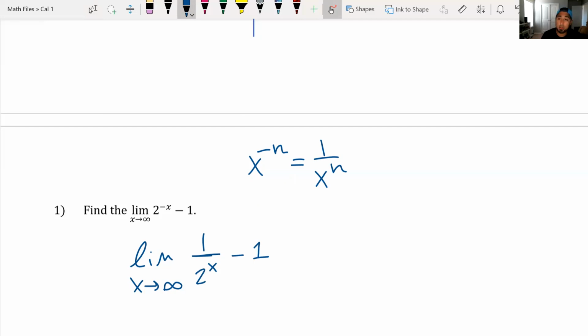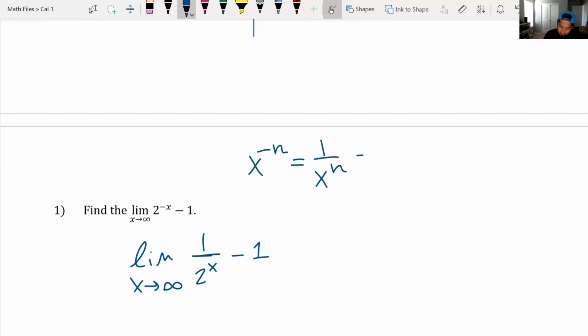Okay, well, here we want to use the exponential properties we learned above. So I'm going to rewrite 1 over 2 to the x again. I can go off of this example.